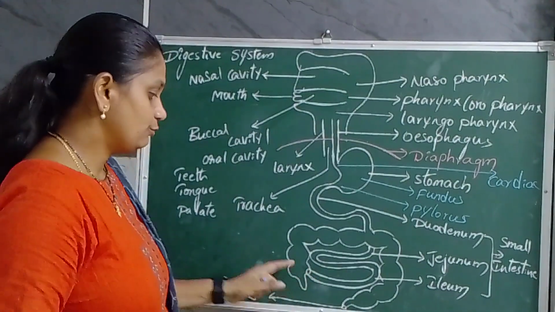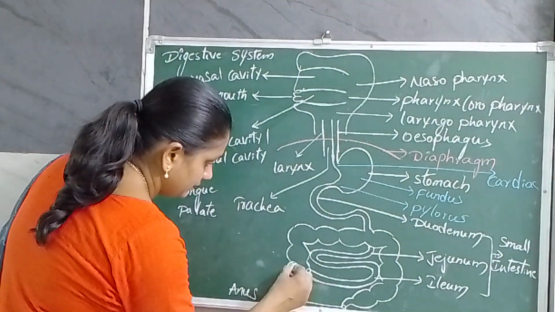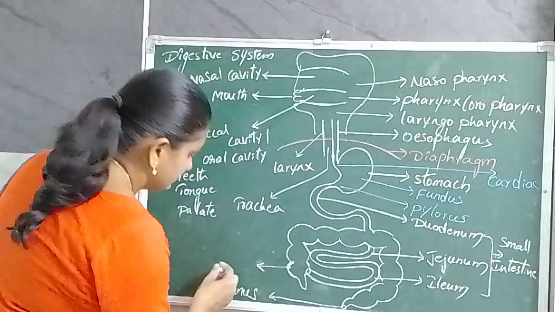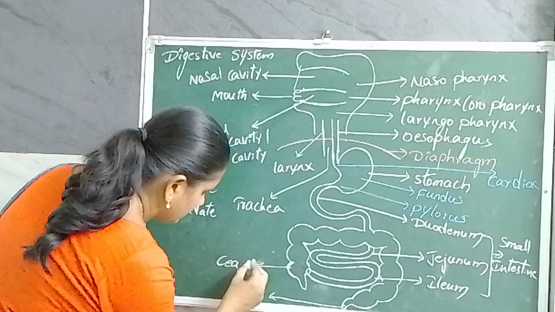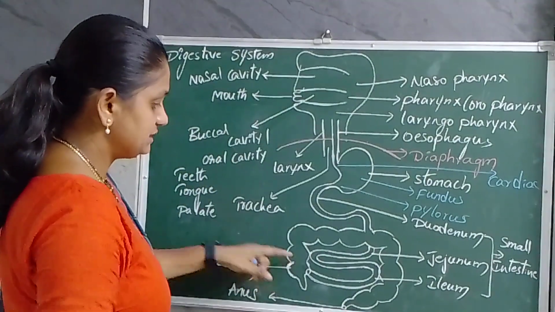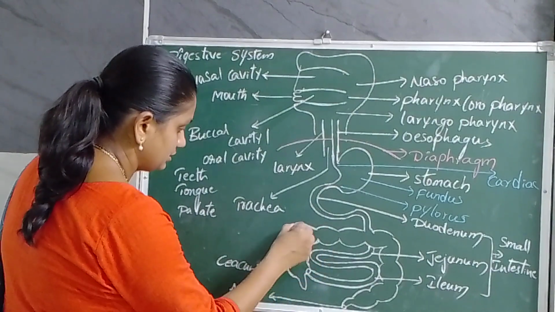And next comes to large intestine. This ileum opens into a sac-like structure called cecum. And this cecum opens into these projections called haustra.